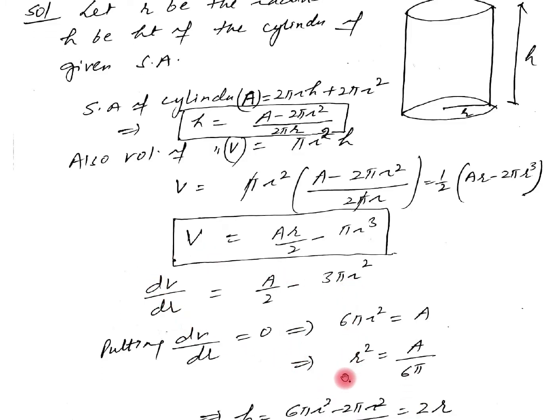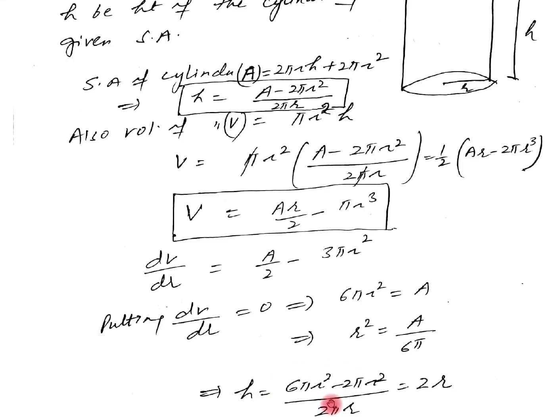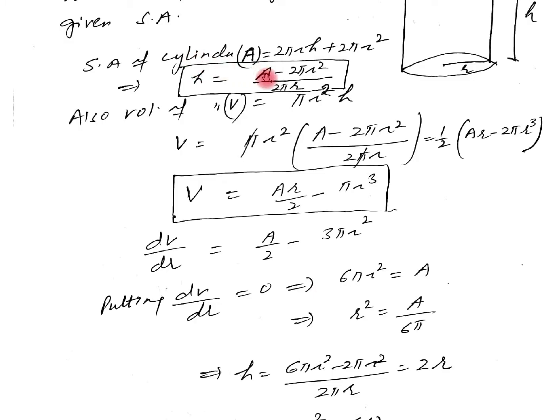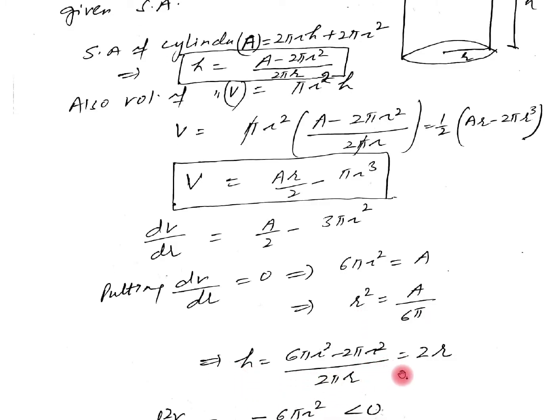Putting this value here, we are also finding the value of h by putting A equal to 6 pi r square. So h equals (6 pi r square minus 2 pi r square) upon 2 pi r. Now simplifying we get h equal to 2r.